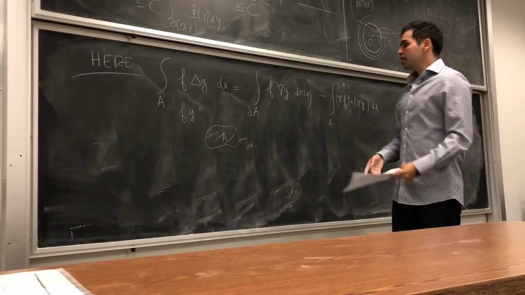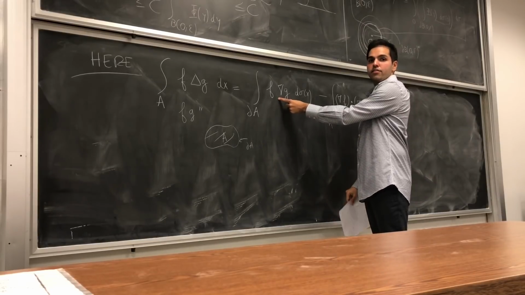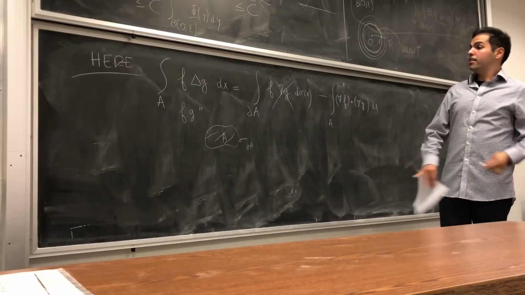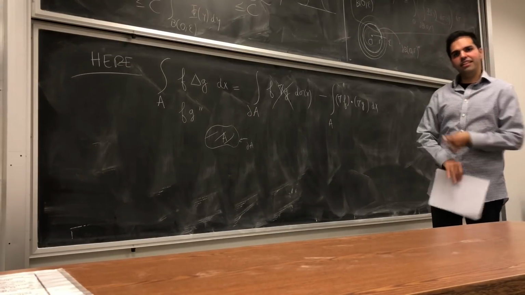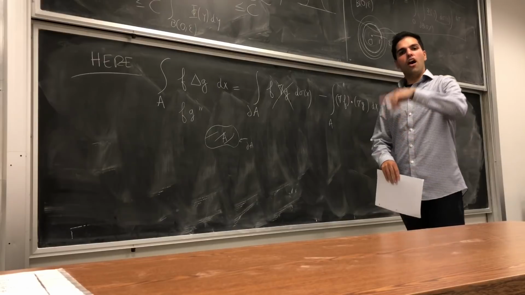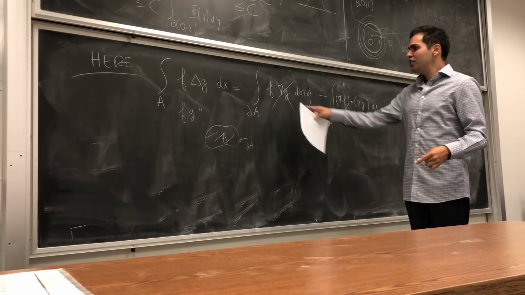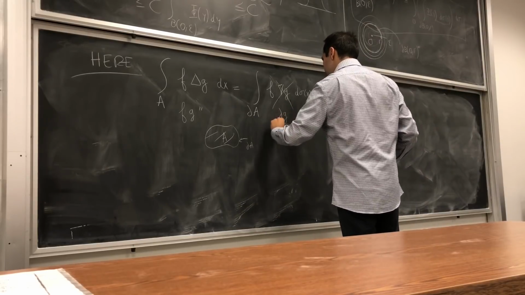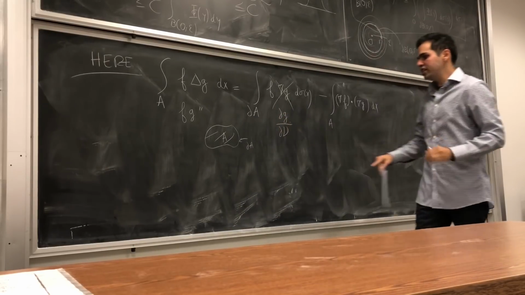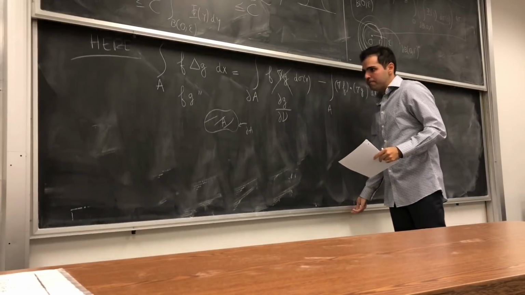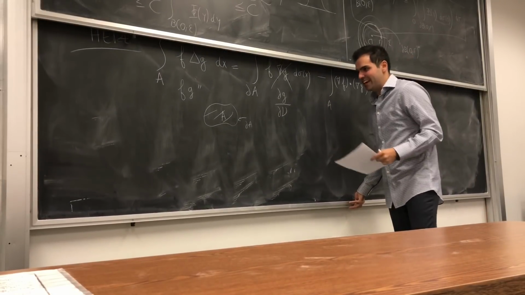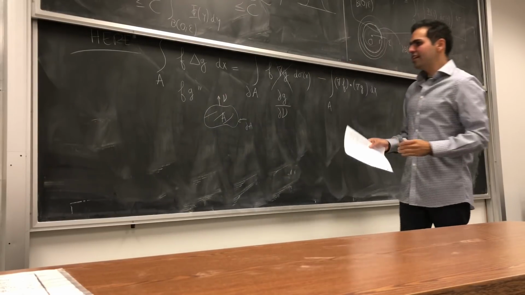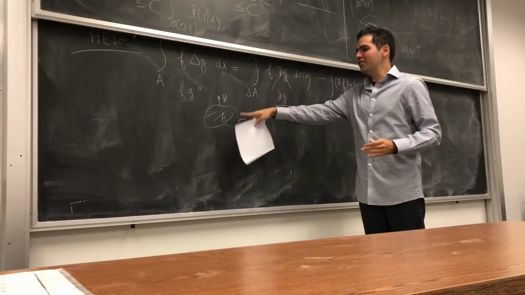This is all good, except this doesn't really make sense. How do you take a derivative on the boundary? In order to have a derivative on the surface of a function, you have to replace this by what's called the normal derivative, namely partial g over partial nu, where nu is the exterior normal to the surface.